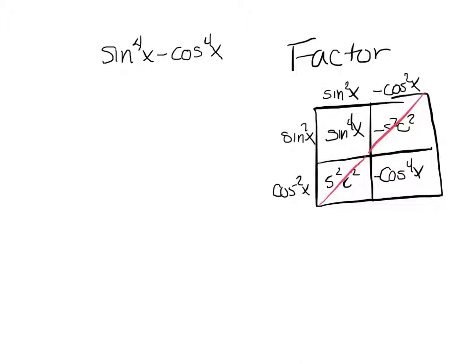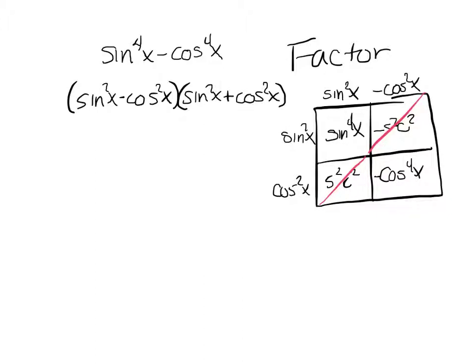So what just happened is this sine to the 4th minus cosine to the 4th is now the product of these two: sine squared x minus cosine squared x times sine squared x plus cosine squared x. Cool stuff here. What's sine squared x plus cosine squared x? 1. So this is all really just 1, and 1 times sine squared minus cosine squared is sine squared minus cosine squared. So now we have this.